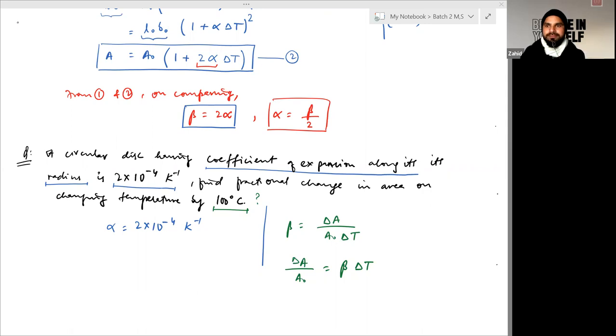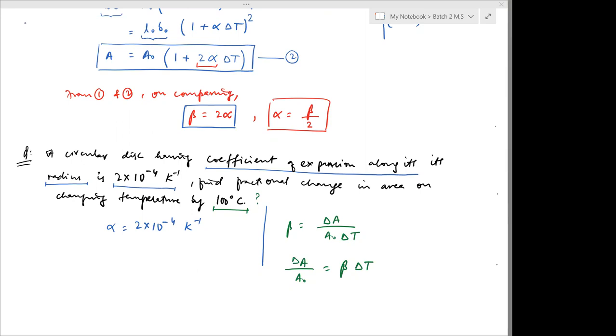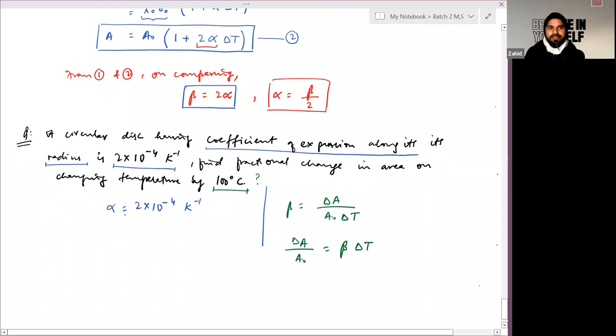Good, Samira. So can you please do this question one time? Okay. We have alpha. So according to the above equation, we can find beta as beta equals 2 times alpha.